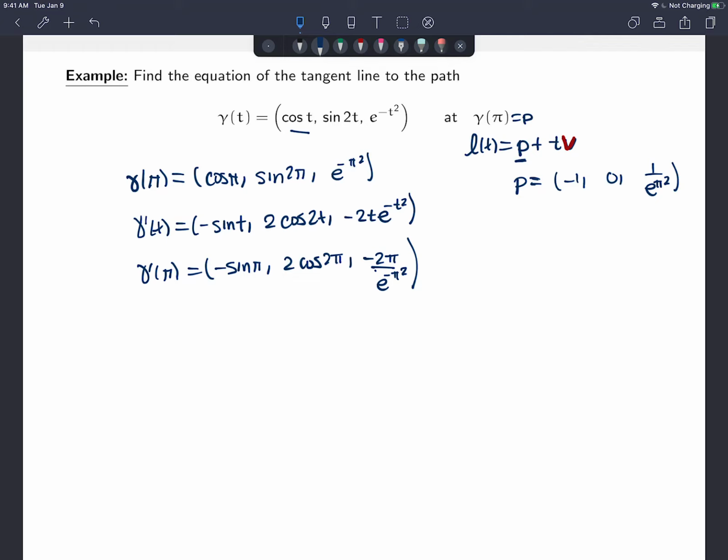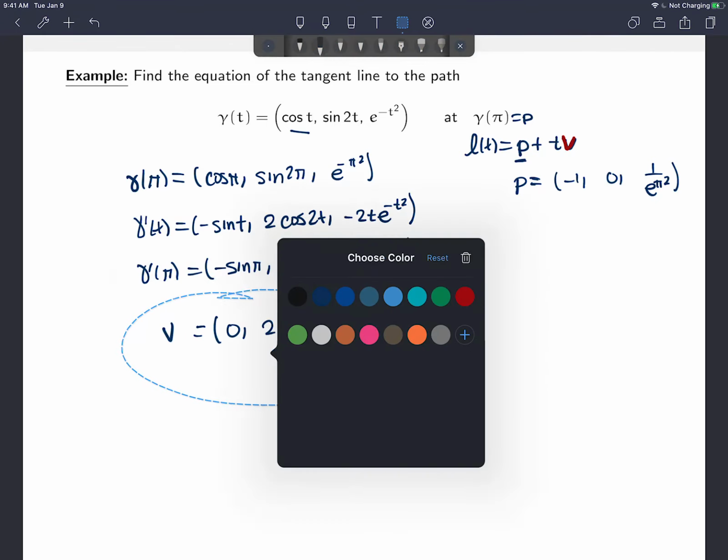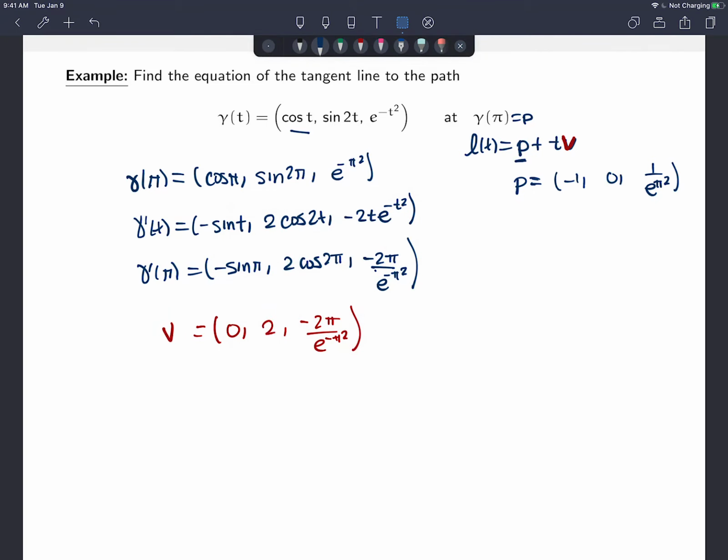So when you plug in these numbers, sine of pi is 0, cosine of 2 pi is 1, so it's a 2, and this is just negative 2 pi over e to the pi squared. Okay, so this is my v. This is going to be my v function. So let me put it here, and let me select that, and I'm going to change the color and make that one red. Okay, so now I got it.